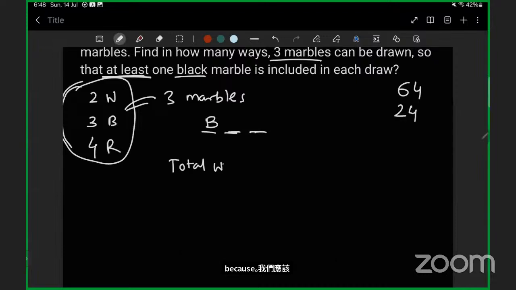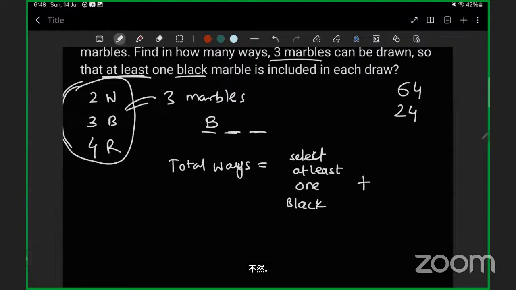So the total ways: select at least one black, plus select no blacks, that is the opposite of that. Select no black marbles. You get it, right?